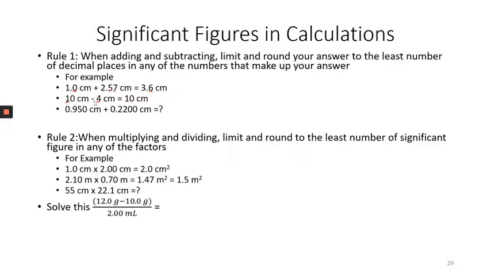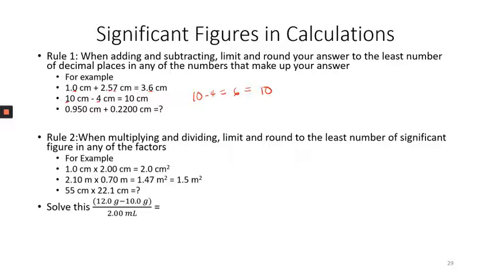So I have to round to the tens place. So when I do 10 minus 4, I get 6, but I have to round that to the tens place, which rounds up to 10. Because this piece of equipment has the least amount of precision, because that's telling me the divisions are very large.